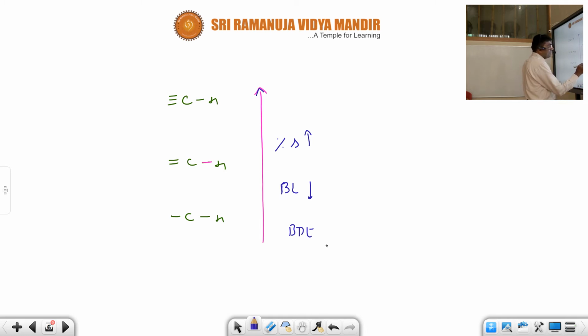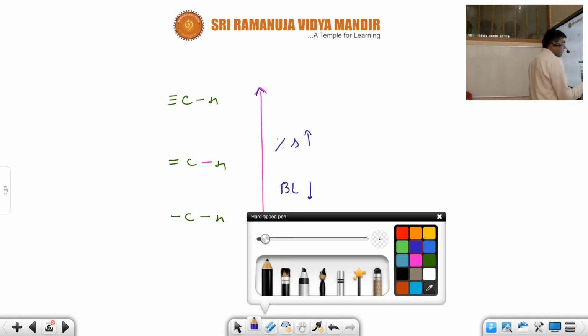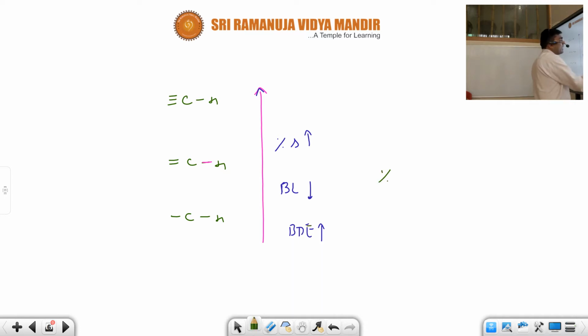Bond dissociation energy increases. Again you can write like this: percentage S character is directly proportional to bond dissociation energy, inversely proportional to bond length. What about bond angle? Bond angle also is directly proportional.